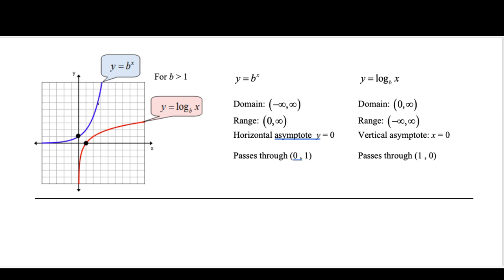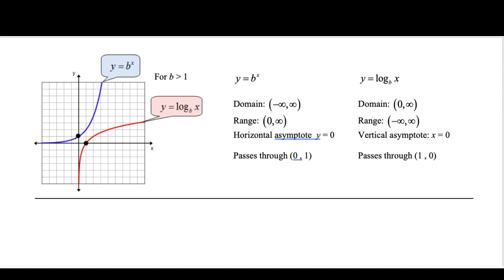The blue represents the graph of a typical exponential function. The red represents the graph of a typical logarithmic function. For the exponential function, the domain is all real numbers, right? It's defined for any x value. You can plug any x value you want into that. But the range is defined for only positive numbers. The range would be y values.